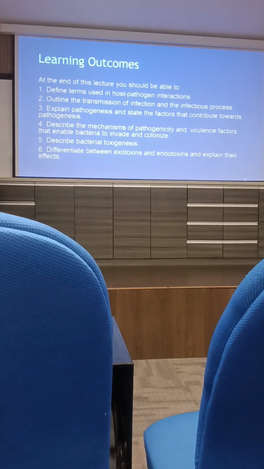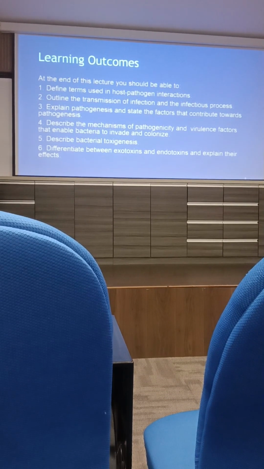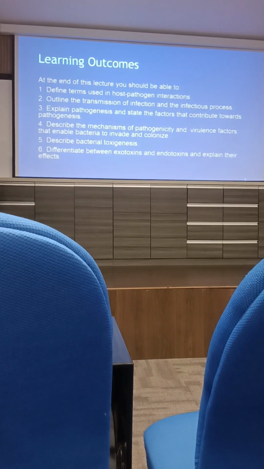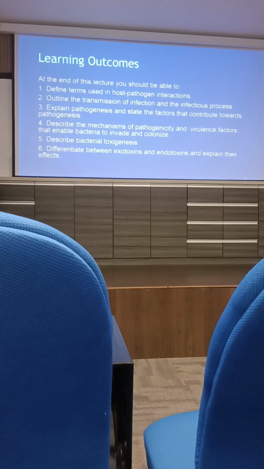Some of these can apply to viral or fungal infection as well, most of these, but the examples given will be for bacteria. Then explain pathogenesis, state the factors that contribute towards pathogenesis, mechanisms of pathogenicity and virulence factors that enable bacteria to invade and colonize. Then describe bacterial toxigenesis and differentiate between the two types of toxins.